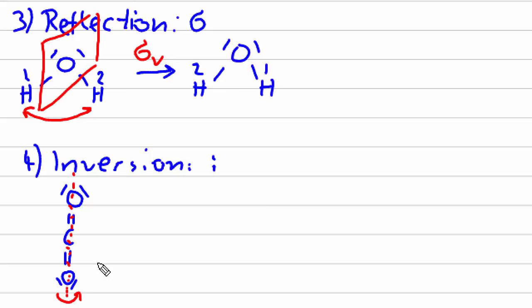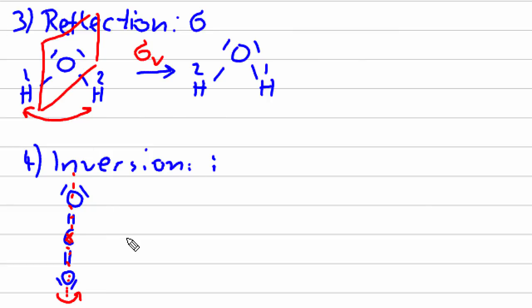You will always end up with the same molecule. For example, you can rotate it by 1 degree, you will end up with the same one. You can also rotate it by 180 degrees. It will always be the same. So that's why this one is the rotation axis with the highest symmetry. Later on we will see that this one we can actually call a C infinity axis. Now our inversion center is right here at the carbon atom.